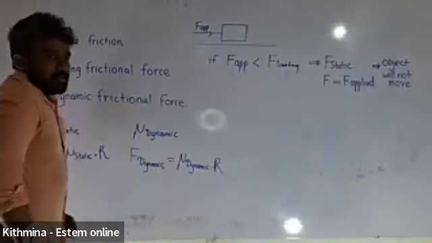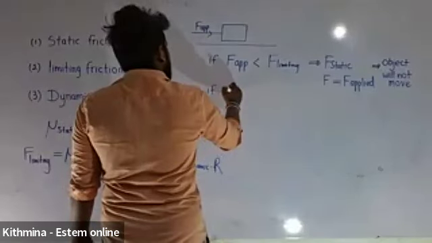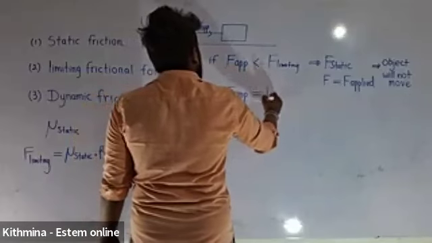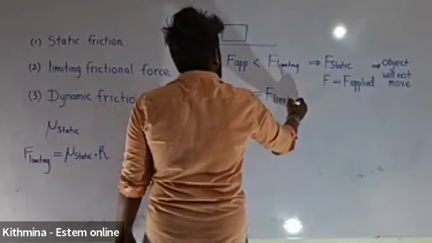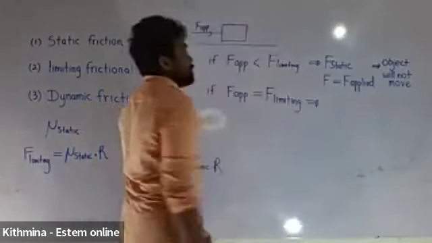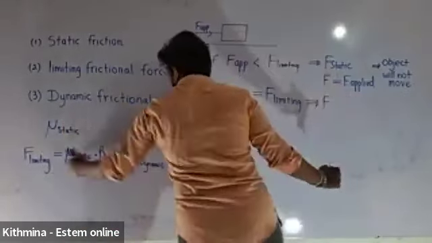Object will not move. Then the other thing: if the applied force is equal to F limiting, the friction force is this.